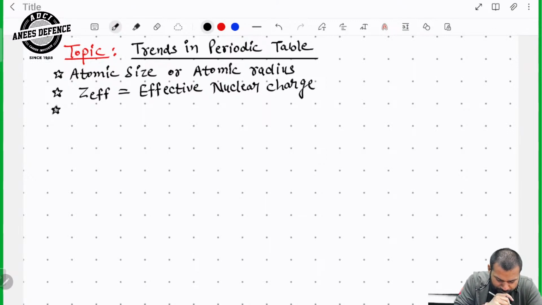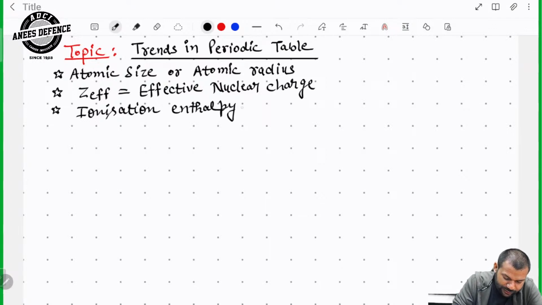Then we will have ionization enthalpy. Then we have electron gain enthalpy.